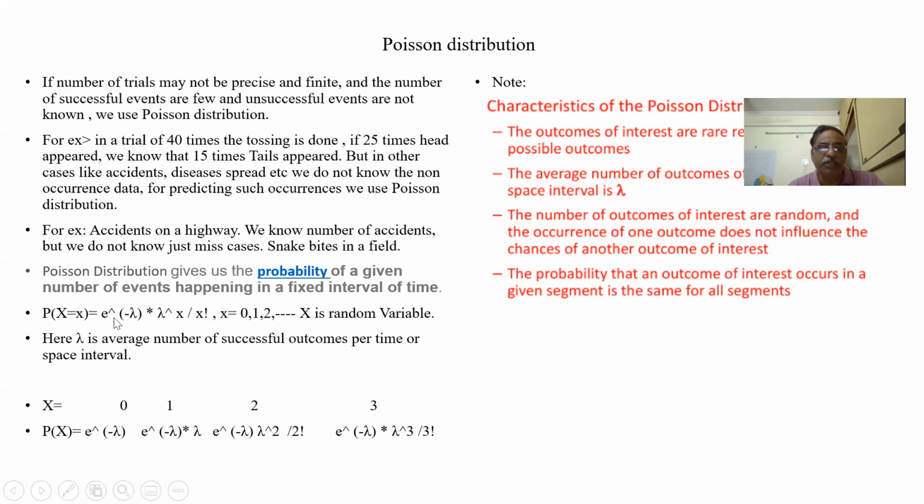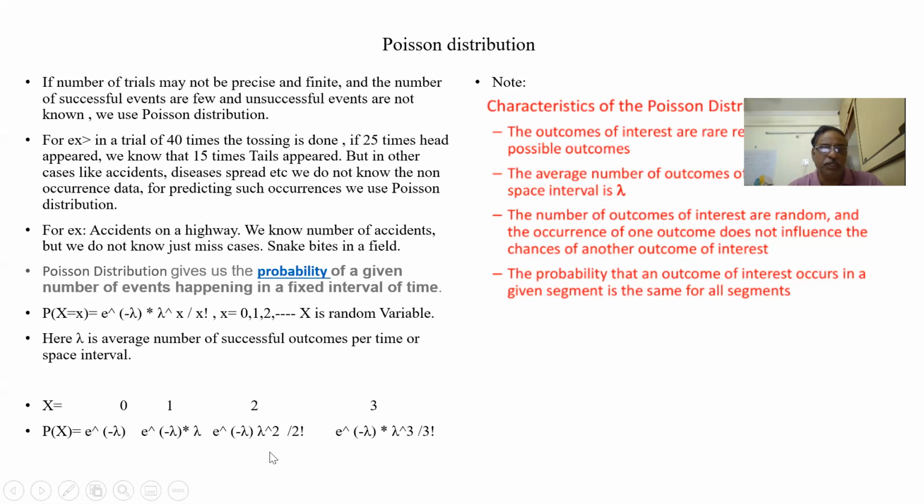So what have we got now? e to the power of minus lambda into lambda to the power of x by x factorial, as x goes from 0 to infinity. Any number of trials, x is the random variable. So if x is 0, e to the power of minus lambda. If x is 1, lambda into e to the power of minus lambda.